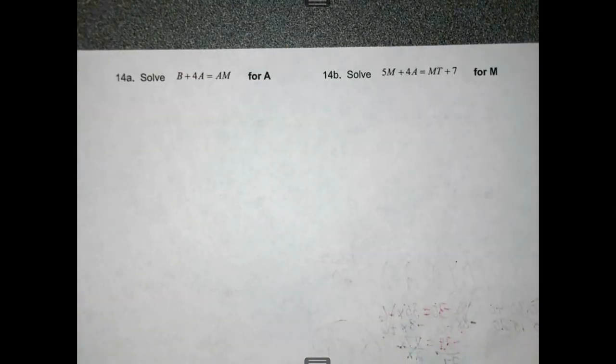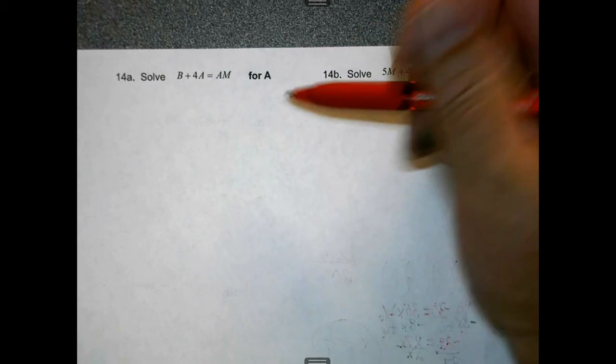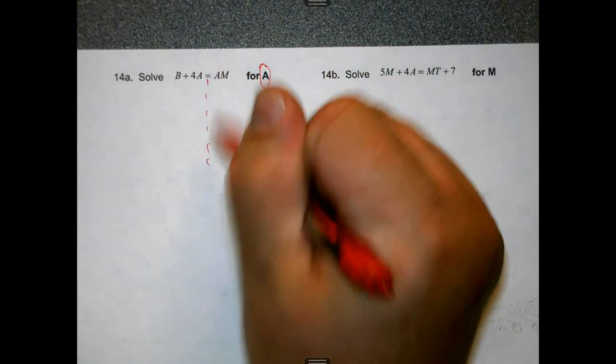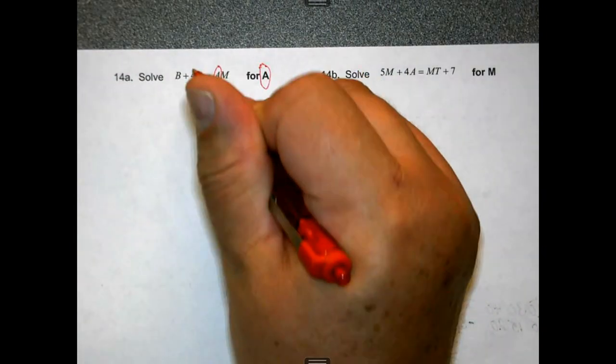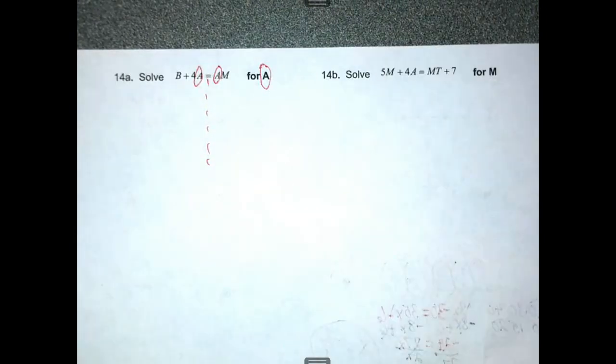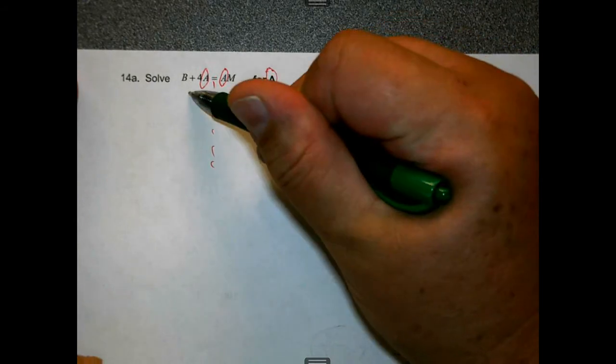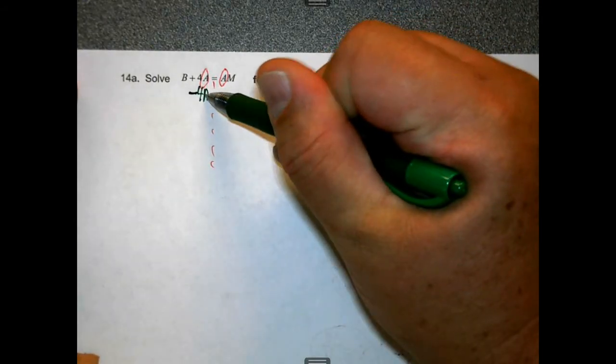turn it over. 14a, I want to solve for a. Here I have a, again, on opposite sides of the equal sign, so I want to get it over to one side. So I'm going to subtract the 4a from both sides.